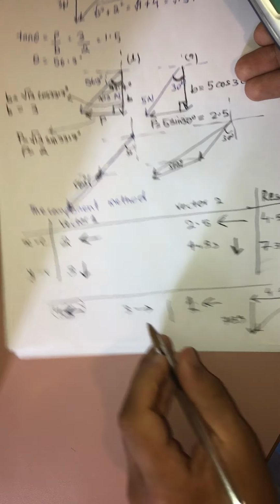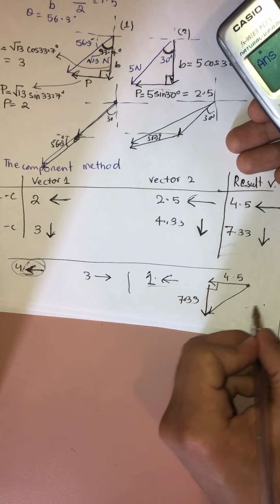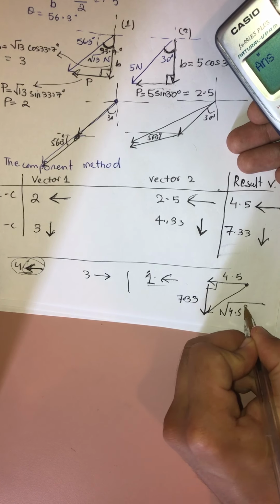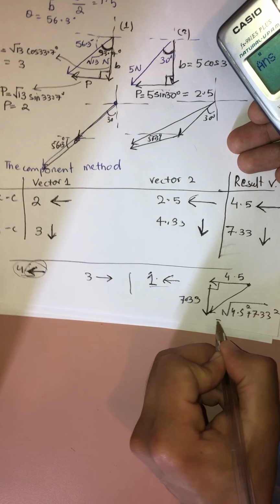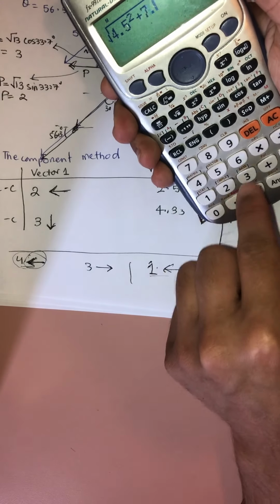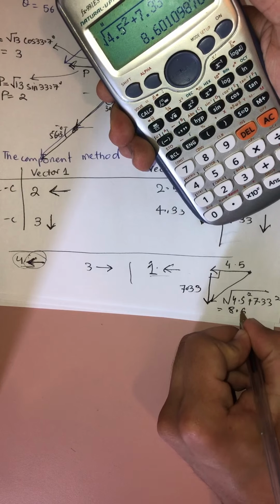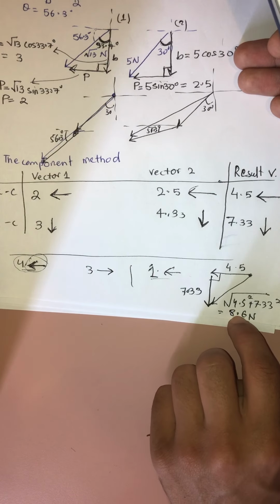This is the resultant, and since this is a right angle triangle, you find the magnitude, which is under root 4.5 squared plus 7.33 squared. This gives 8.6 Newton.